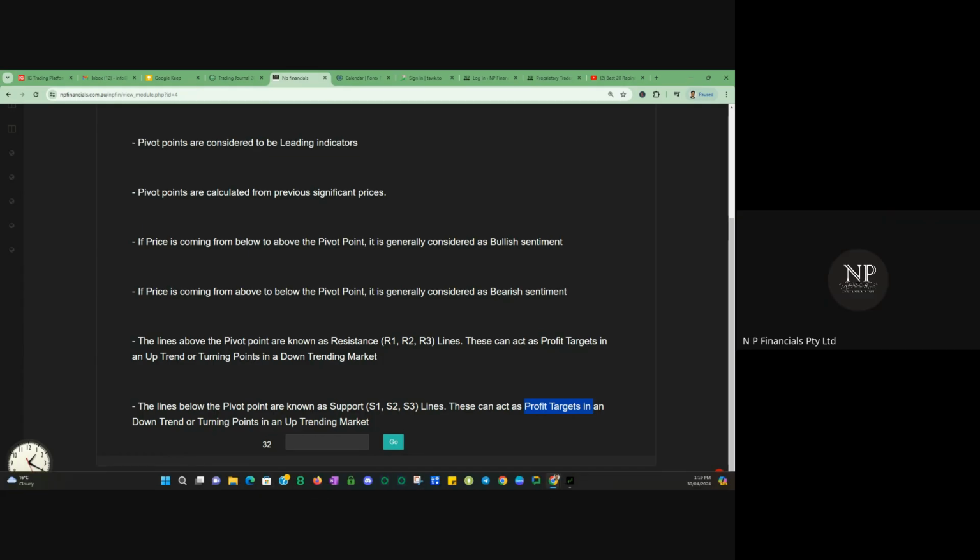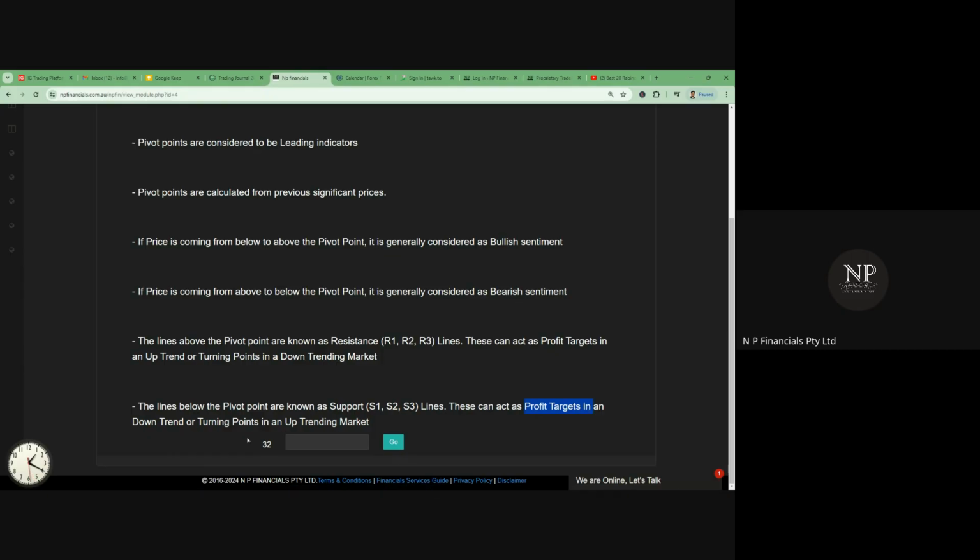But in an uptrend, if price is going to S1, then there is a high probability that price will bounce from S1. So this is very important. The opposite is very important. The normal is important. Profit target is important, but the opposite is also very important.